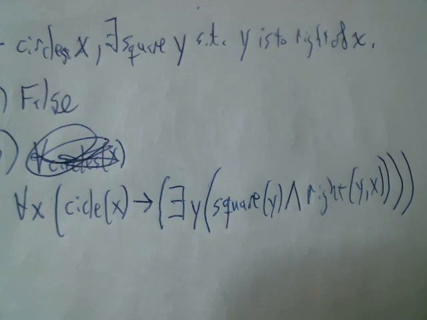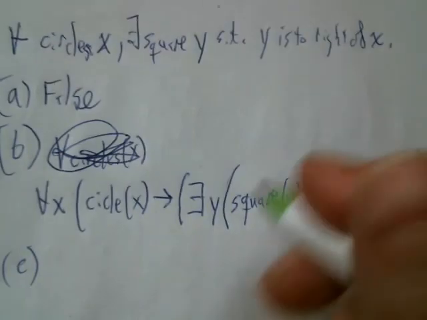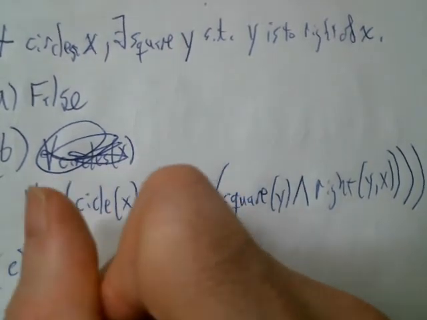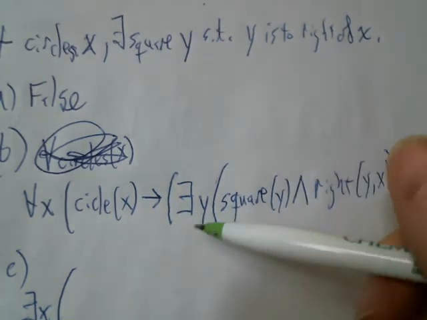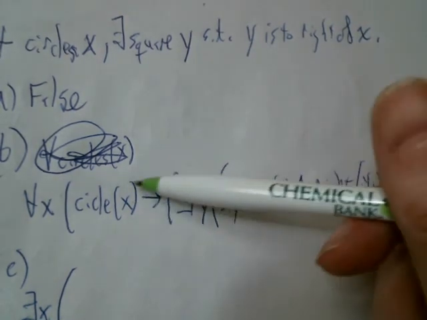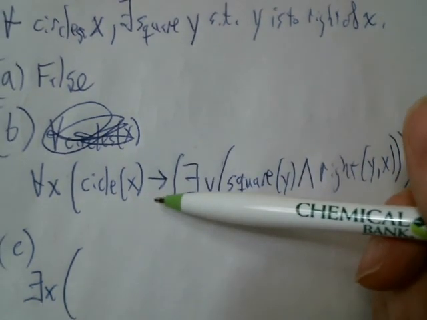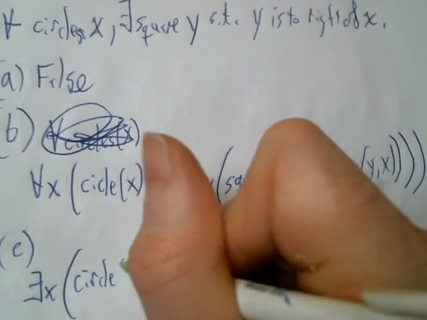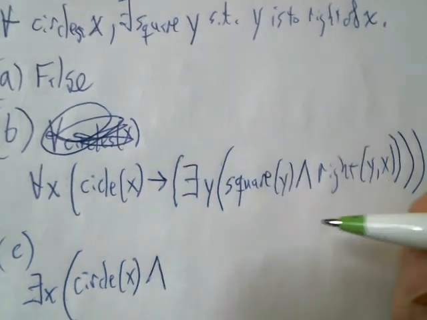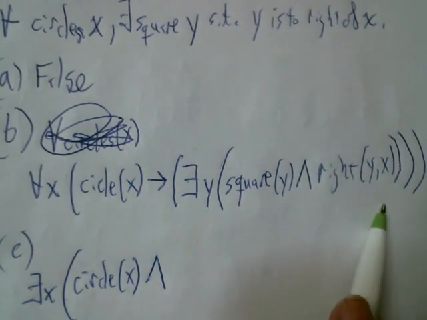Part C, we need to negate the critter. So turn the universal into existential. There exists an object x such that, and then we have to change this part into an and statement. So you keep circle of x the same, change this into an and, and then we have to negate this thing.